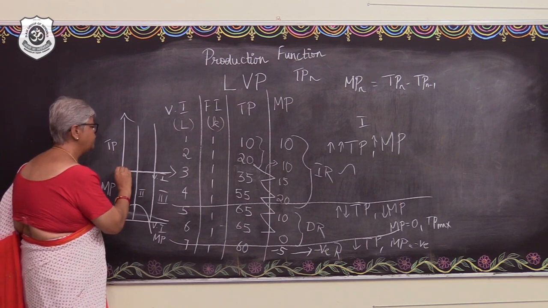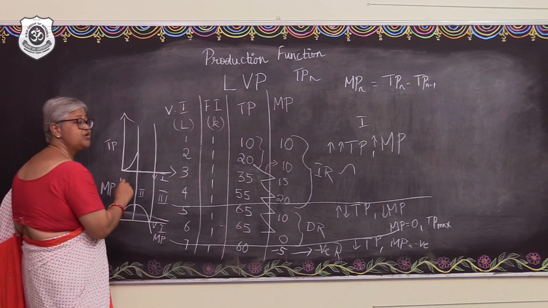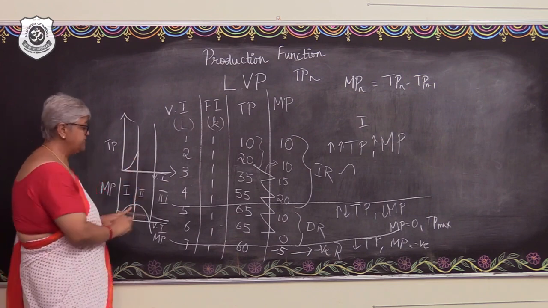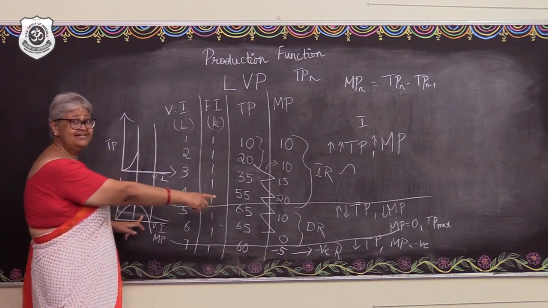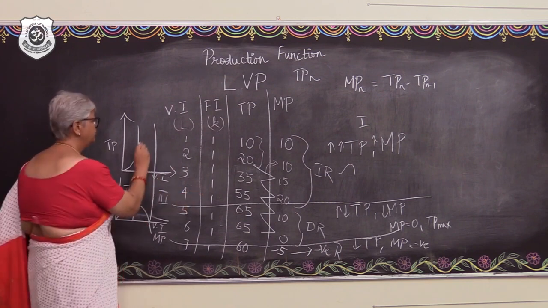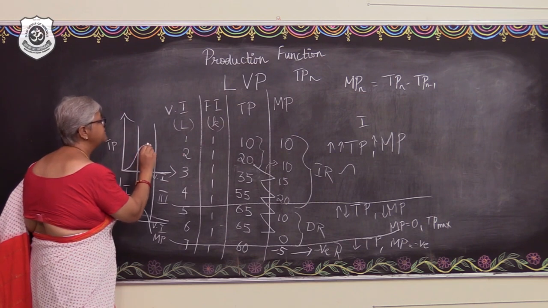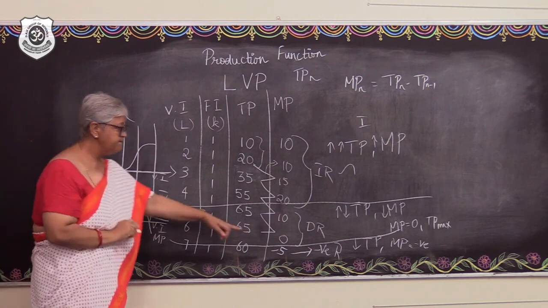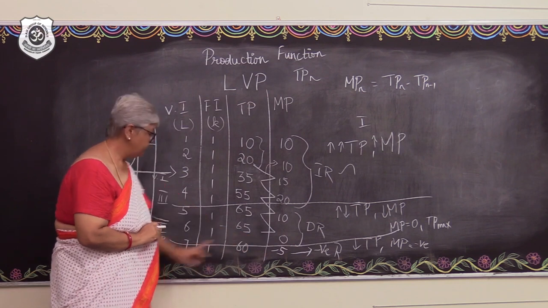So starting from the origin, the total product increases at an increasing rate, a sharp increase. And then the second phase, what do we see? Marginal product falls. Total product still increases, but it increases at a decreasing rate. It continues to increase with a gentler slope, and then it becomes maximum at the end of the second phase, when MP becomes 0.